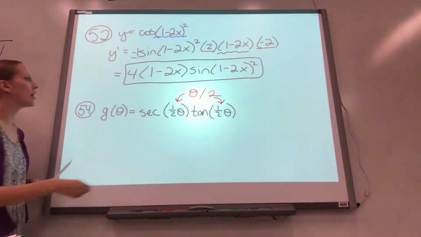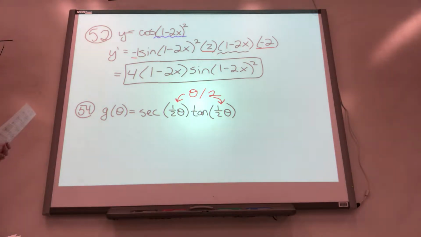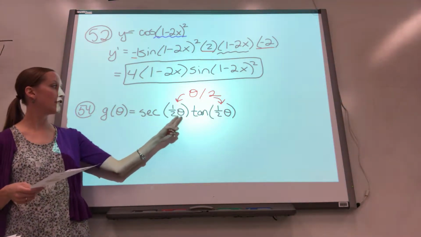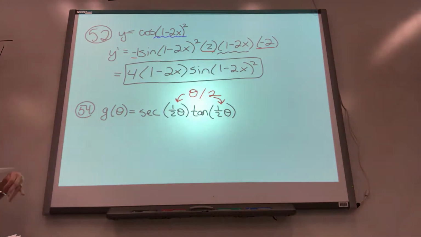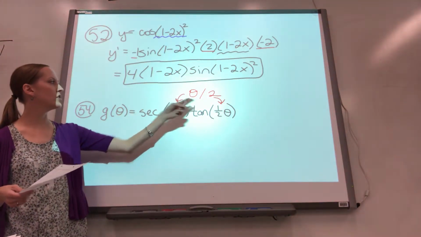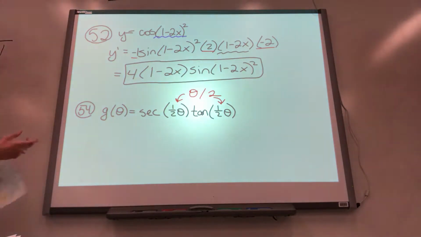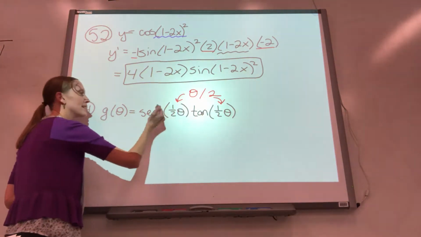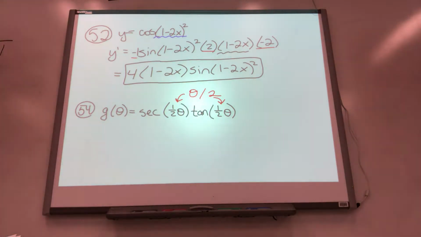Now, in the book, I'm not sure how they wrote it. I wrote this as secant of 1/2 theta, tangent of 1/2 theta. 1/2 theta is the same as theta over 2, so I'm not sure how they wrote it, but I kind of like it written like this better because it's got the 1/2 in front.